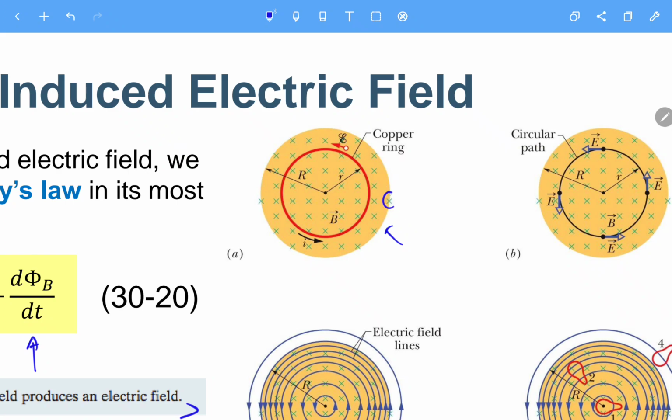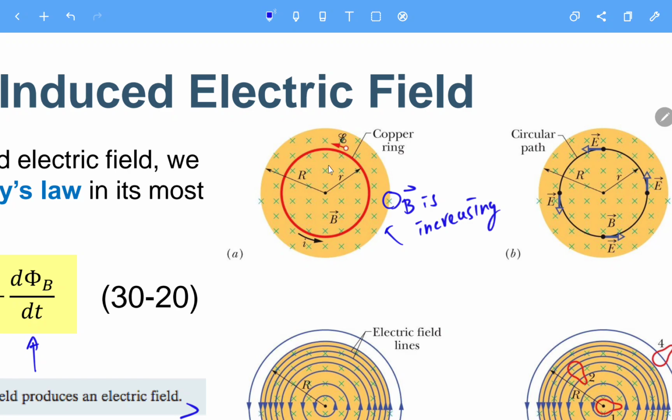All of these are B field pointing into the page. This red ring means this is a copper ring. And here we assume that this B is changing, or increasing. It is increasing.